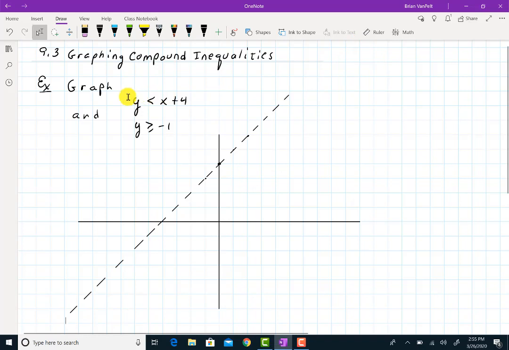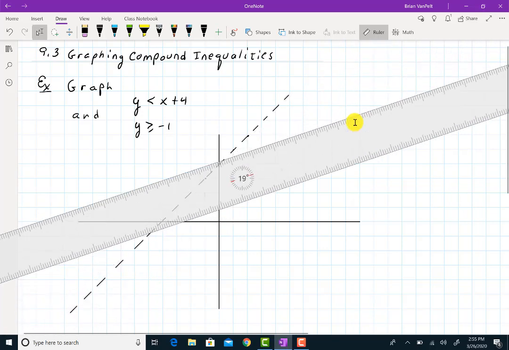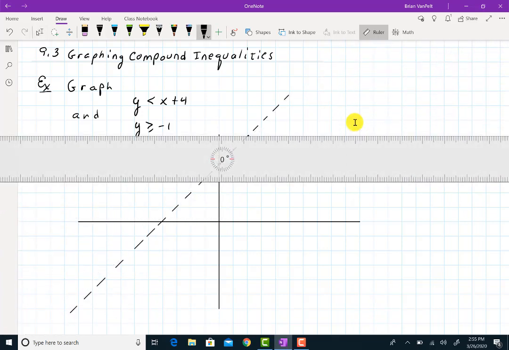Now what I want to do is shade underneath of it because y is less than that. Remember, you have an upper and a lower half. I want the lower half to be shaded. So what I do is I typically will do something like this. The way I shade is I want to shade one direction.